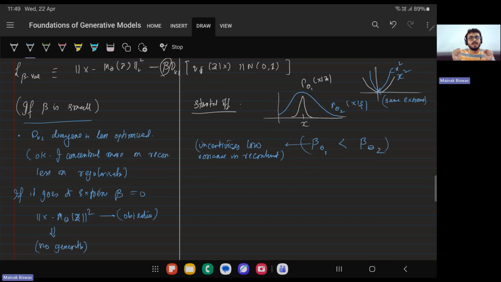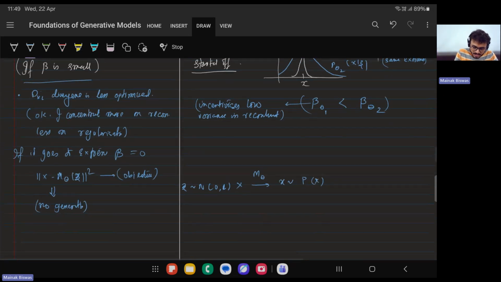This is the dilemma. I have no generation ability because now I cannot sample z from normal 0, 1 and expect it to go through m theta and get an output which is distributed as p theta of x or p of x. I will never get that, because I have not set the distributions close to normal 0, 1 so that I can sample from a distribution that the decoder can decode.